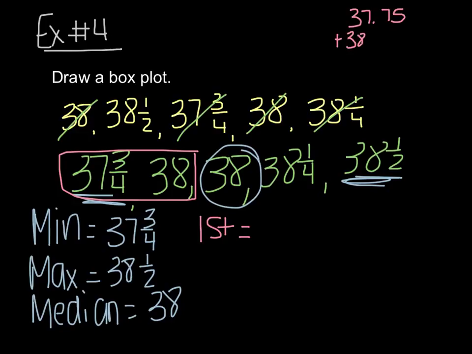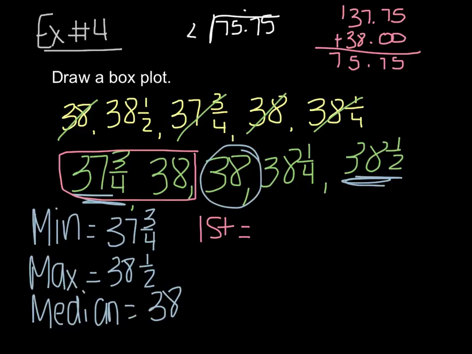Remember, you can add the decimal and the zeros so you can line them up evenly. Bring the decimal straight down. We have 75 75/100, which needs to be divided by 2 because there's two numbers. So we bring the decimal up and we divide like normal.